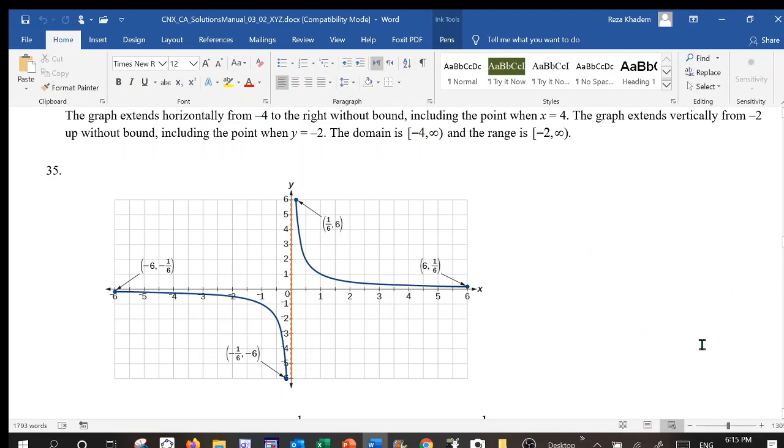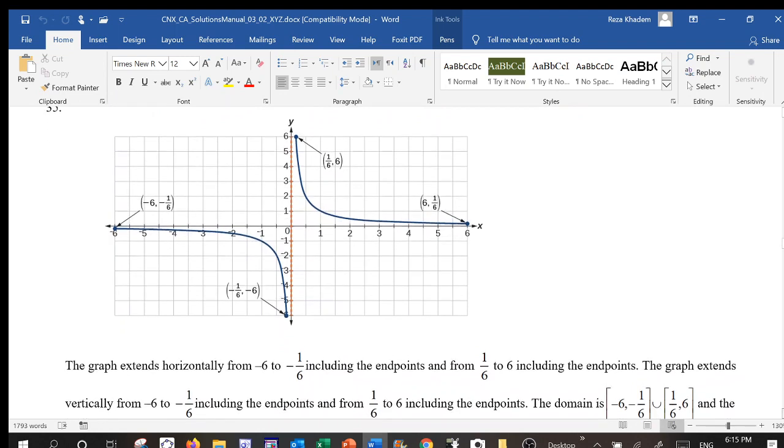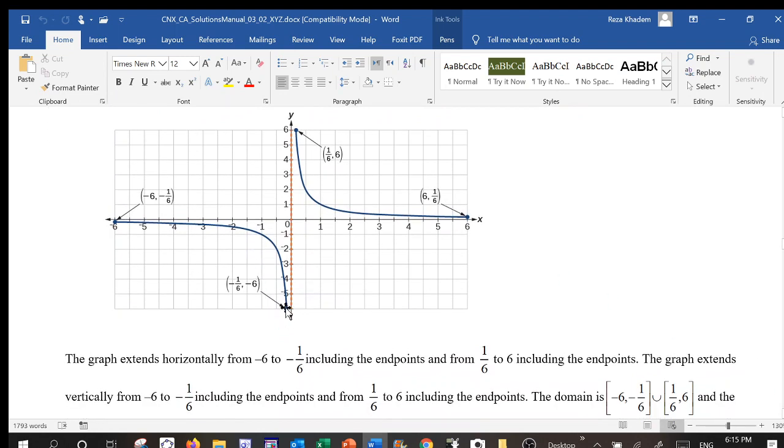And the range is going to be from what? So that's the domain. The range is going to be from this number all the way to whatever the y coordinate is here. So it goes from -6 to -1/6, union, and from 1/6 to 6, right?